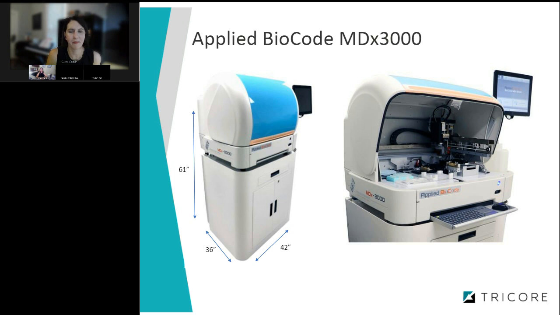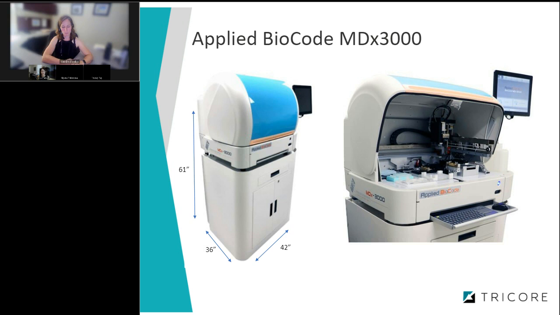I think the overall performance relative to the EIAs we were currently using spurred us to make the move. The workflow overall is fairly easy, and then the interface resulting is very helpful. So yeah, those three things spurred us.